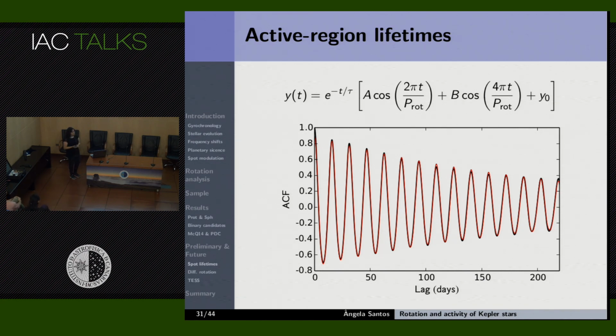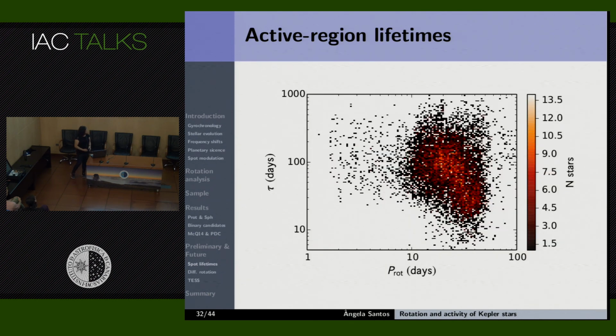First, we want to estimate active region lifetimes for these stars, and we estimate the lifetime of the active regions using the decay of the autocorrelation function. So we expect that the decay of the autocorrelation is related to the lifetime of the active regions. And these are some of the preliminary results.